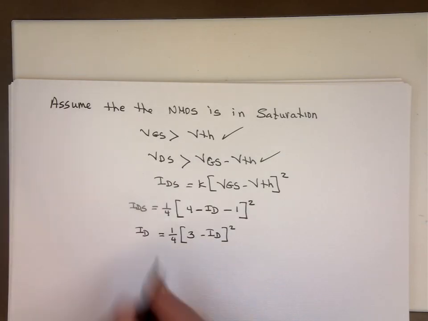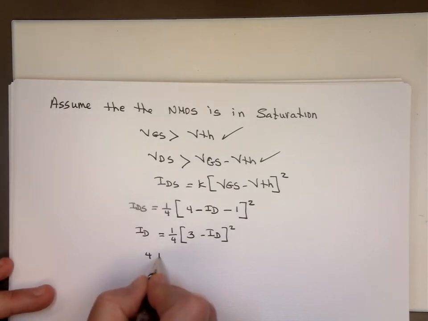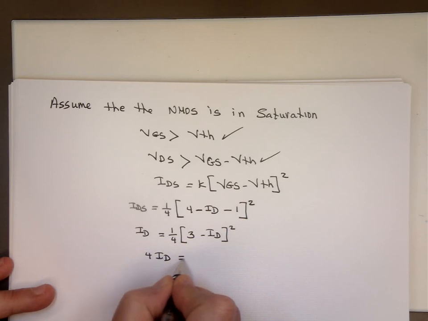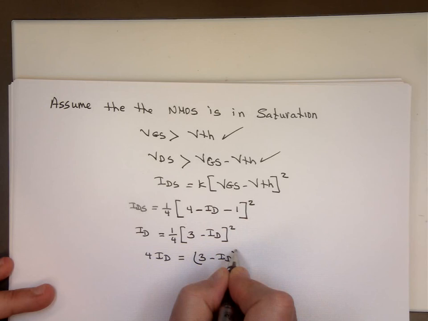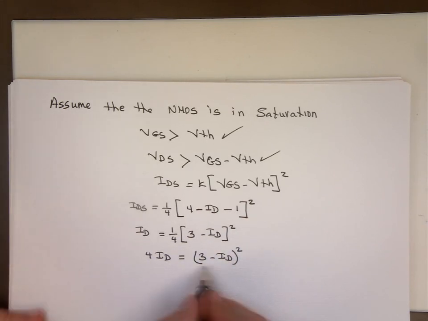Multiply by 4. And if you FOIL this one, that's 9 minus 3 times 2, 6 I sub D using the FOIL method, plus I sub D squared equals 4 I sub D.